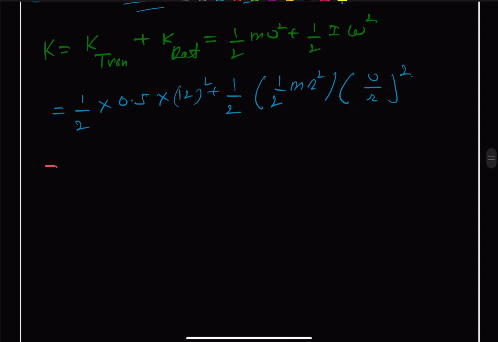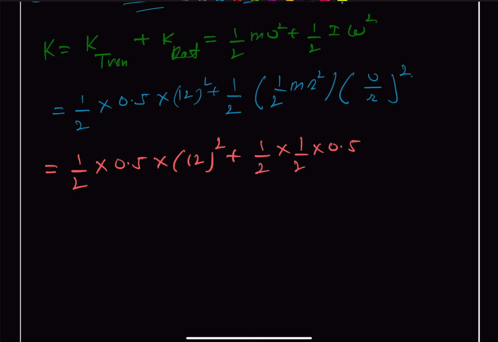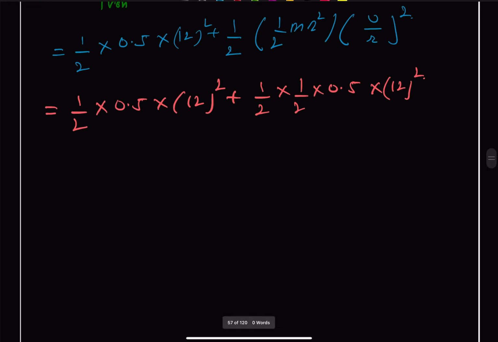So we get half into 0.5 into 12 whole square, plus 1 by 2 multiplied by 1 by 2, mass is 0.5, and r square cancels out, and we get v square, which is equal to 12 square. Therefore we get that our total kinetic energy will be approximately equal to 18 joules.